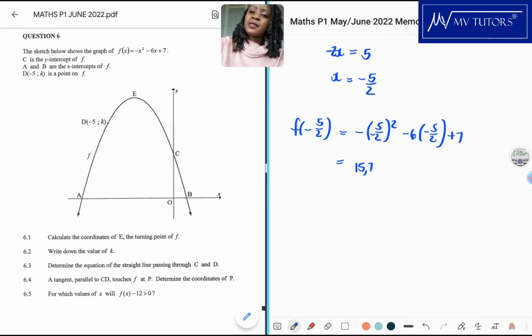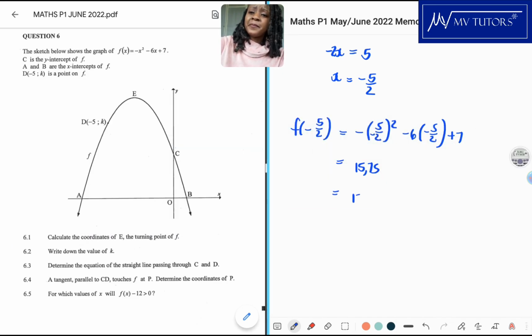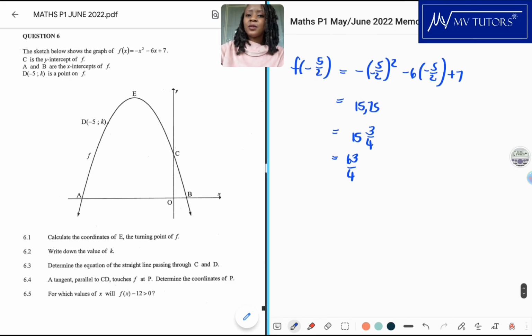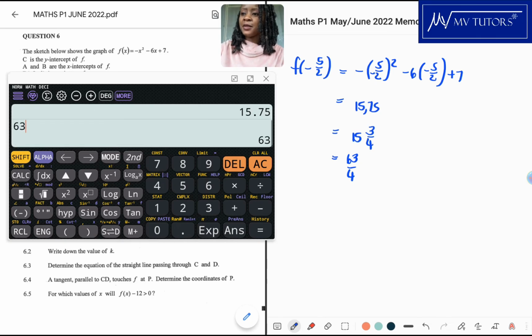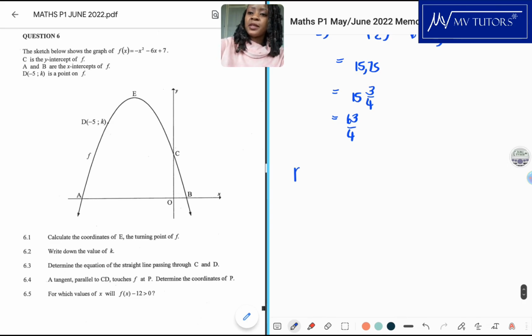It's the same as 15 and 3/4. 15 times 4 is 60 plus 3, same as 63/4. It doesn't matter how you write it. So the coordinates of P, which is what they were asking, would be -2.5 or -5/2 and 63/4. And that's it.